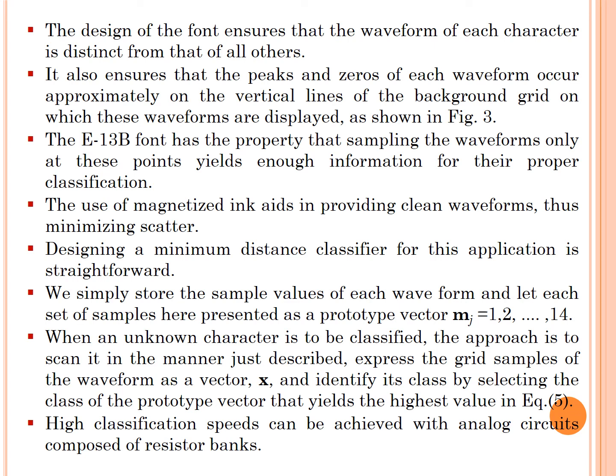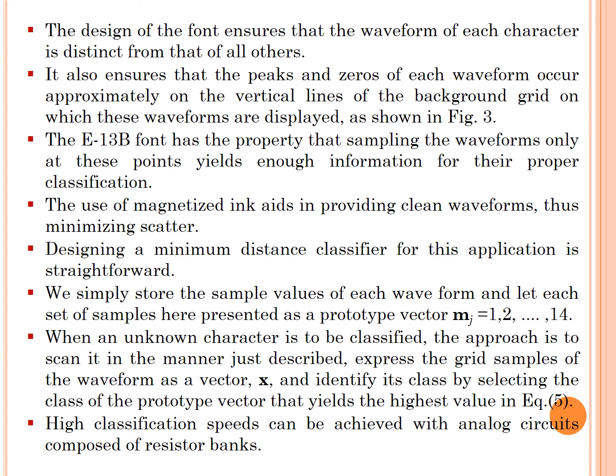Designing a minimum distance classifier for this application is straightforward. We simply store the sample values of each waveform and let each set of samples be represented as a prototype vector m_j, j = 1 up to 14.